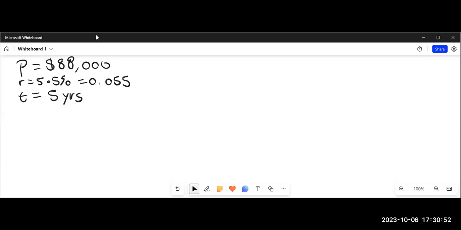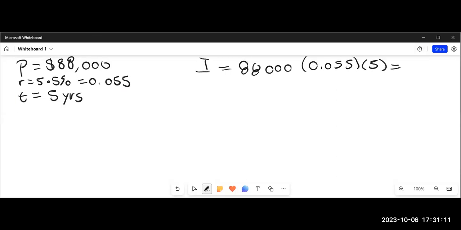Find the interest paid on the loan and the total amount paid. So I is equal to 88,000 times 0.055 times 5, which is equal to 24,200.